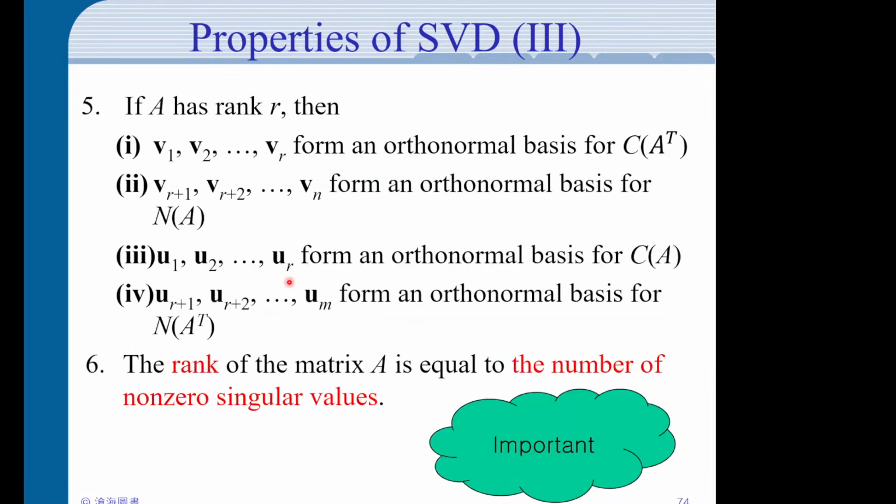The first singular vectors, the v's, will form a basis for the columns of A transpose, which is basically the row space of A. And the u's will form a basis for the columns of A.